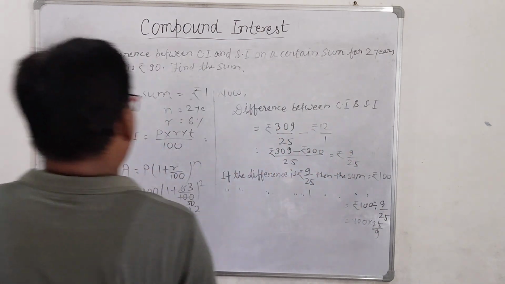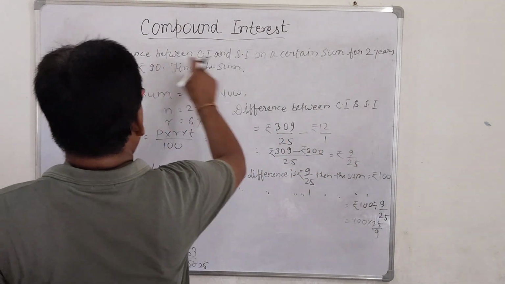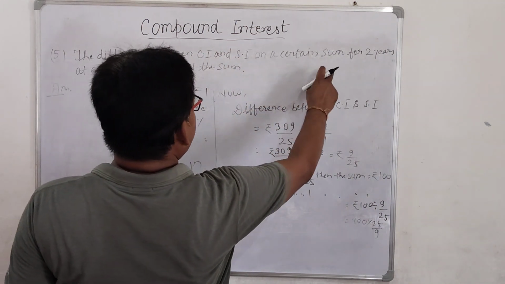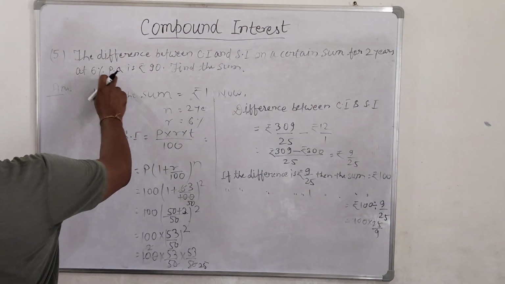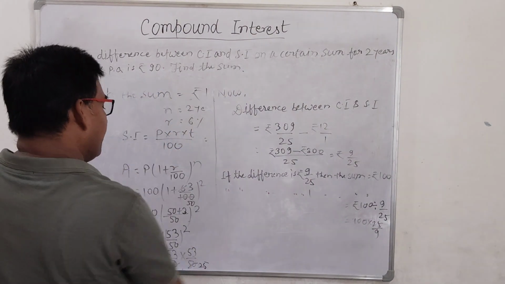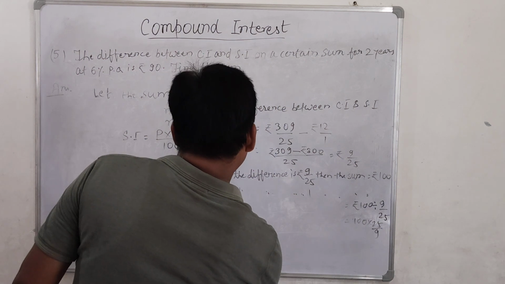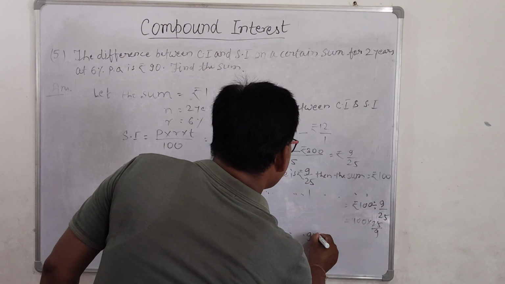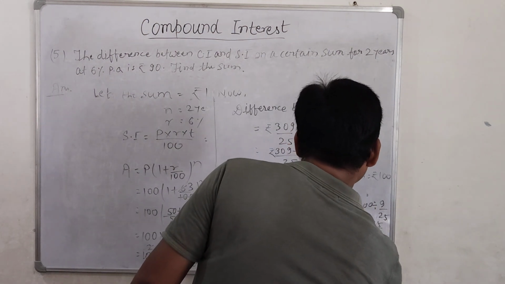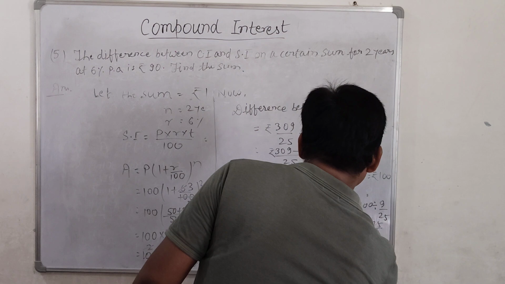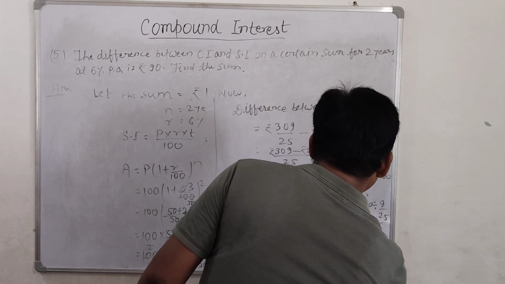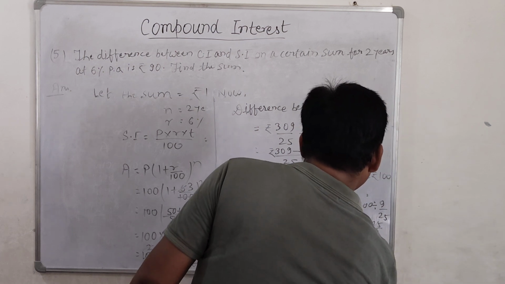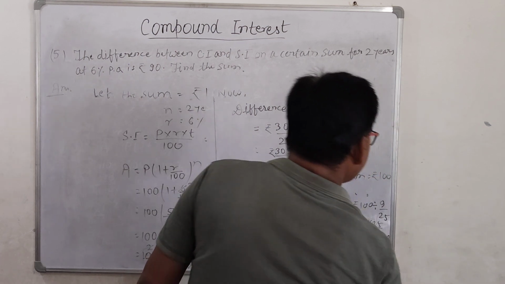And now the actual difference between CI and SI on a certain sum for 2 years at 6% per annum is rupees 90. So if the actual difference is rupees 90, then the sum is equal to 100 multiplied by 25 upon 9 into 90. 9 tens are 90.